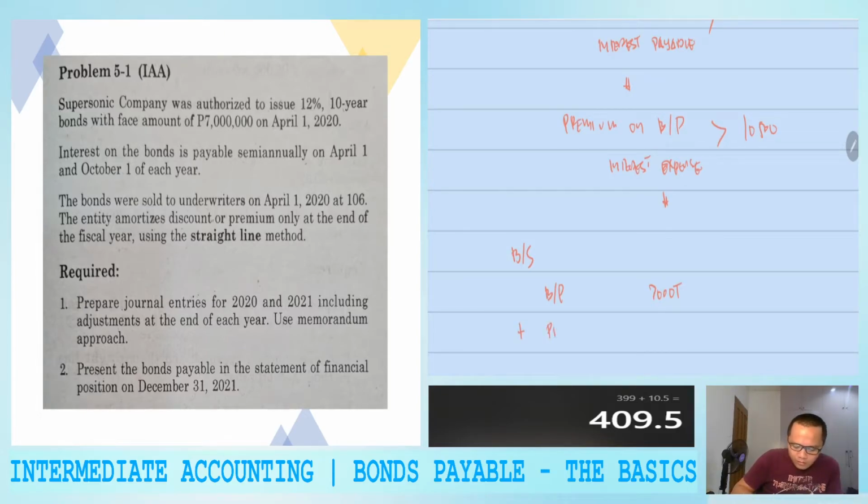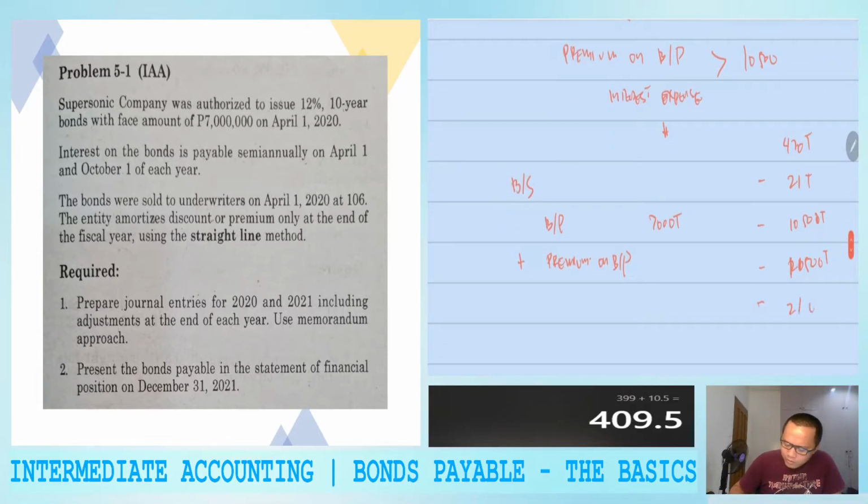Add your premium on bonds payable, which in this case, we started with 420, amortized on April 1, 2020, October 1, 2020 na 21,000, on December, 10,500, on April 1, 2021, 10,500 again, October 1, 2021, 21,000, okay.